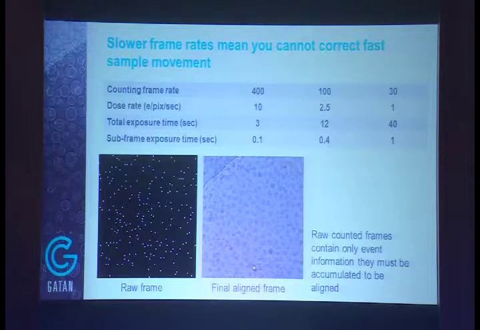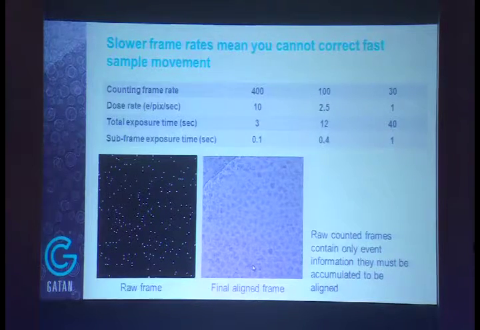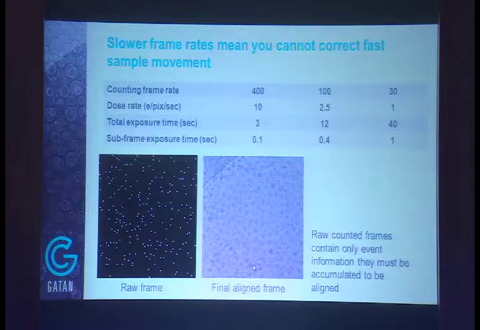And so that means that any drift in your microscope that happened during that second, you won't be able to correct for. Okay, and it's kind of a hard concept, and to be honest, I've tried probably a half dozen different ways to explain this, so if it's not clear, please do come and find me, and I'll try and explain that a little better.